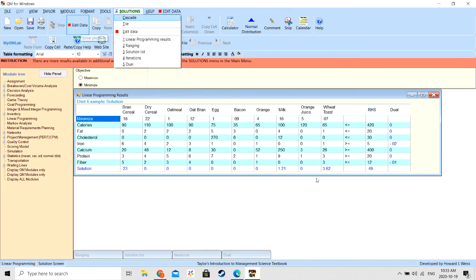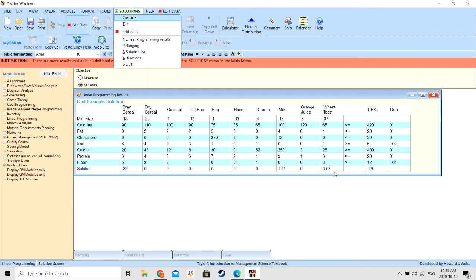And what we found here is we have bran cereal, milk, and wheat toast. Assuming we stick only to these three items, we're going to meet our daily requirements. We're going to be above what we require, and we're also going to minimize our cost at only 49 cents.